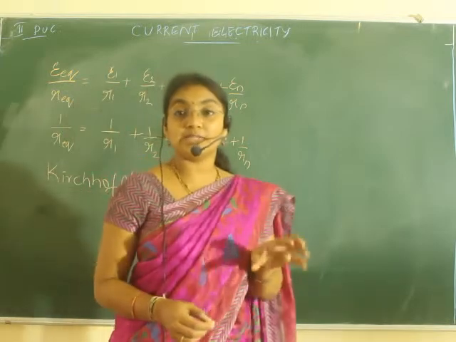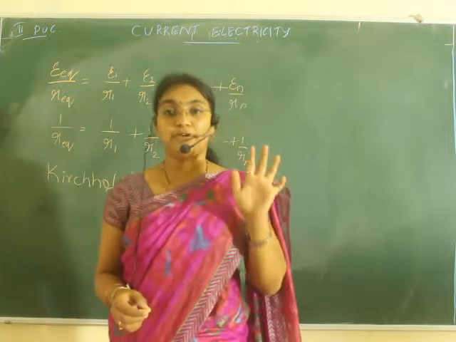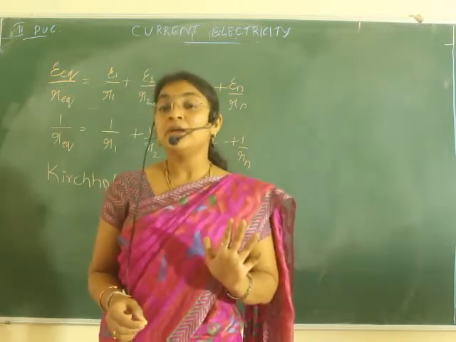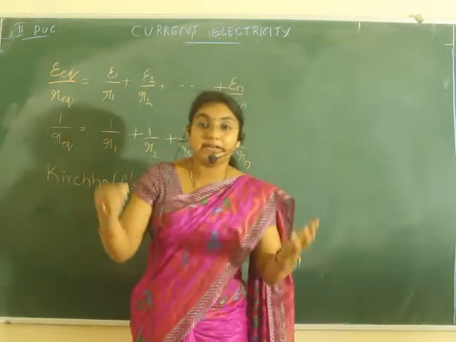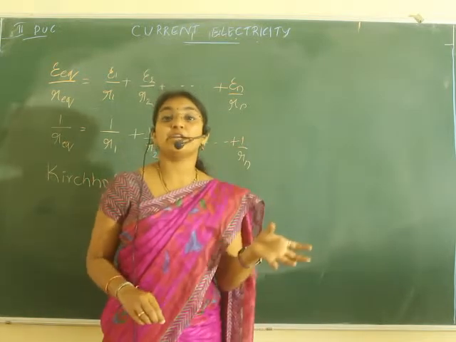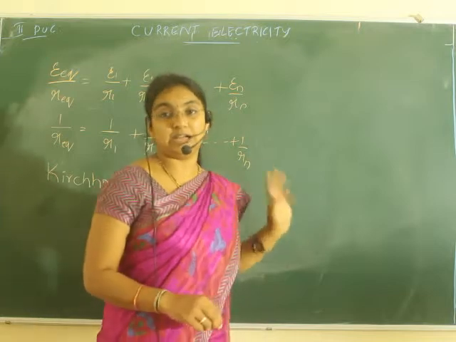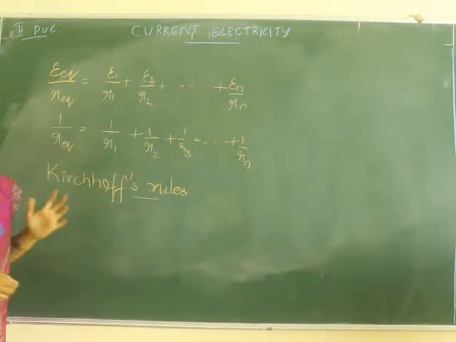What we have learnt is only for resistors itself, when they are connected in series or in parallel, whereas this one is for the cells if they are connected in parallel or series, correct? But if there is a combination of cells and resistors, then this is not enough. So for that, the scientist called Kirchhoff gave the rules.